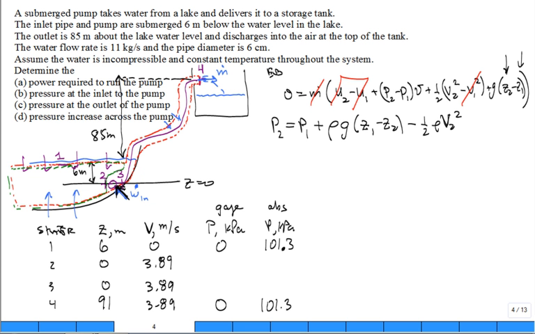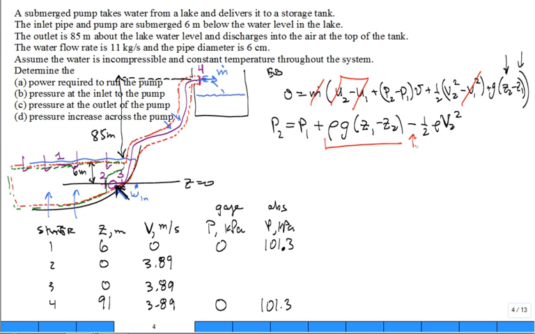If I want to work in gauge, P1 is 0. True? If I want to work in absolute, it's 101.3. Look at it, the pressure increases because you're going down, and so z1 is higher than z2. That's the primary cause for having a higher pressure at 2, at the inlet to the pump. But why do we have a negative sign?